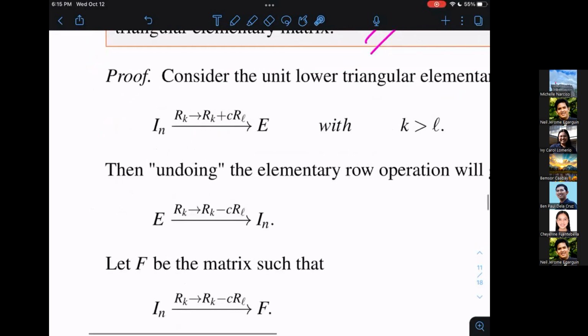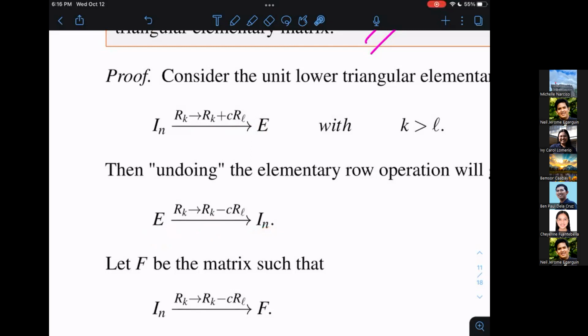So parang ipa-perform ko lang yung inverse nito doon naman kay E para makabalik ako doon sa identity. Okay? So that means kung before I replace the kth row by Rk plus cRl, para ma-undo ko yung operation, ang gagawin ko yung kth row nung matrix E ay papalitan ko ng Rk minus the multiple of Rl. So I will get back to the identity matrix.